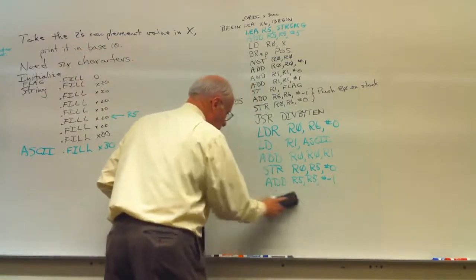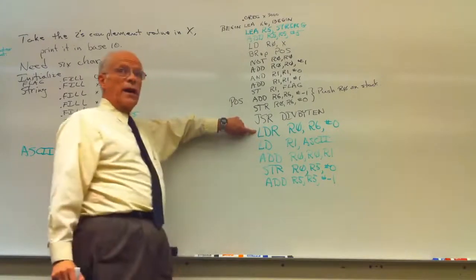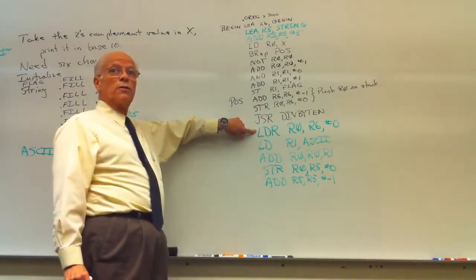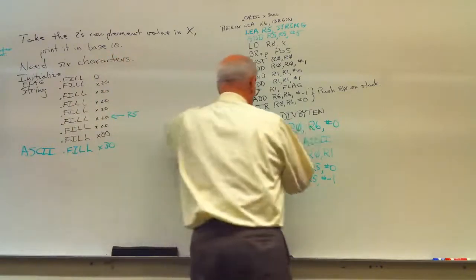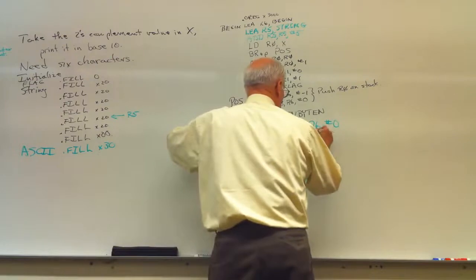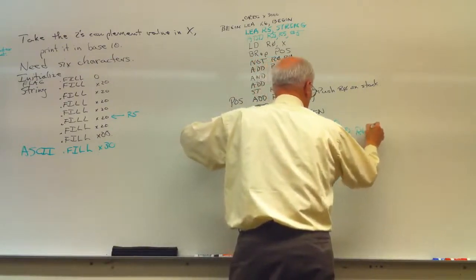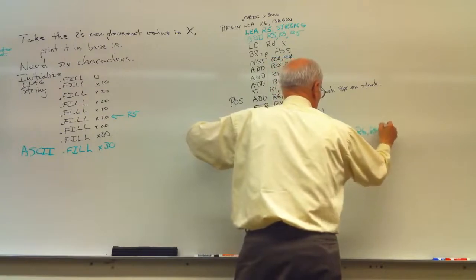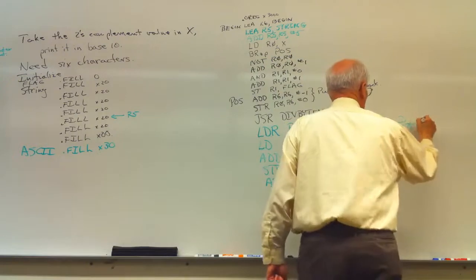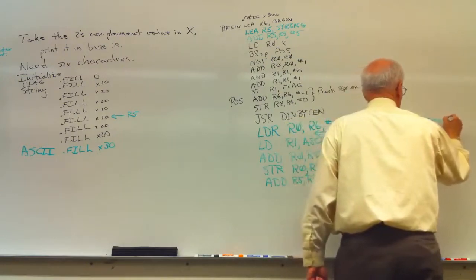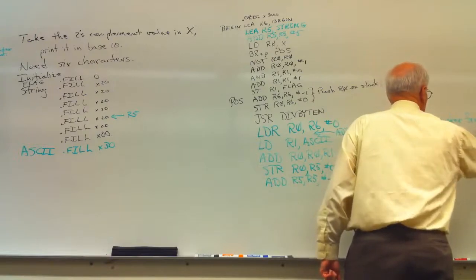I've got a problem here. When I popped this value off the stack, I did not adjust my stack pointer, which I should have done. So right in here, we do an add R6, R6, 1. Okay, that's pop the remainder on the stack.